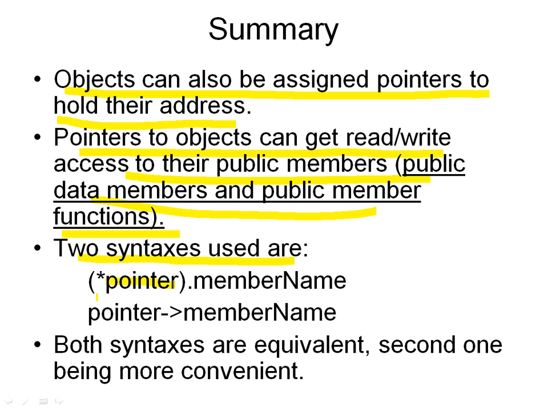Either you can put an asterisk in front of the pointer name, which means dereference the pointer, then dot member name, doing the member selection by putting the member name, or you can use pointer arrow member name, which is a shorthand for this dot operator notation. Both syntaxes are equivalent. The second one is just more convenient.